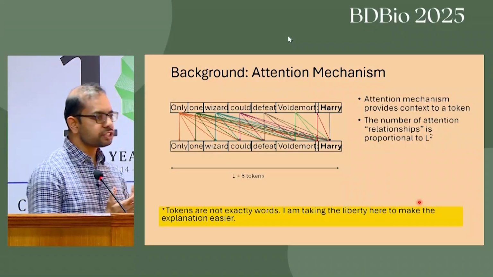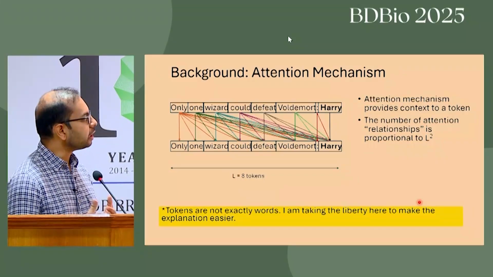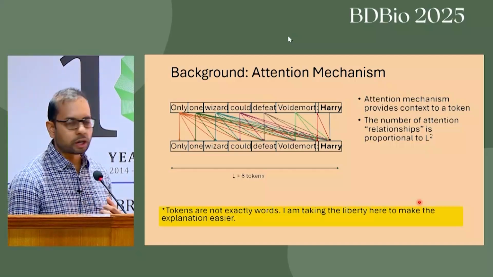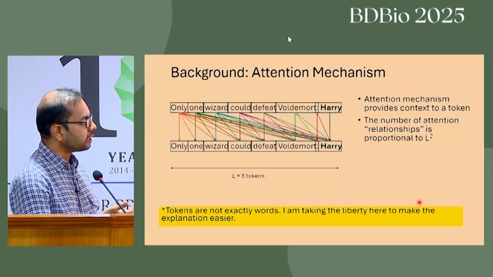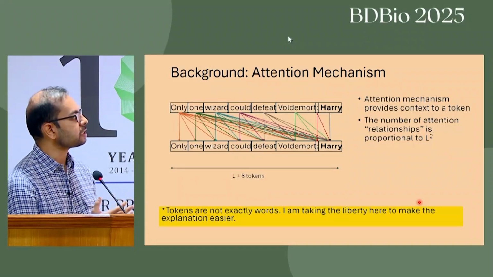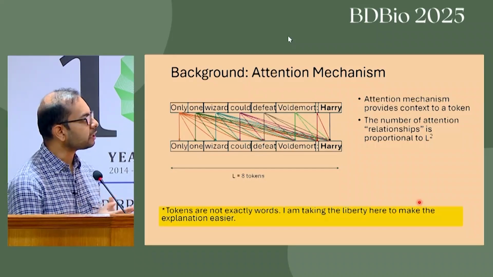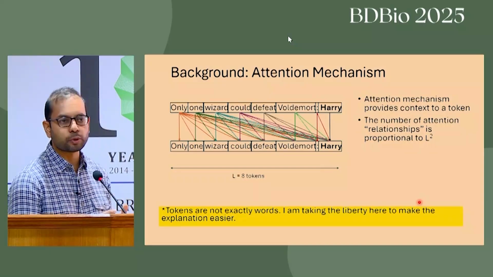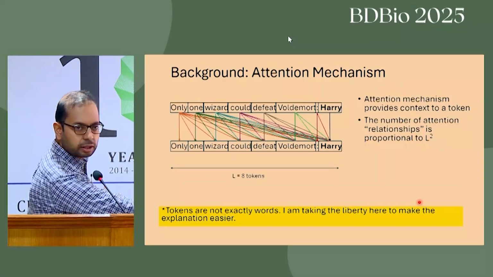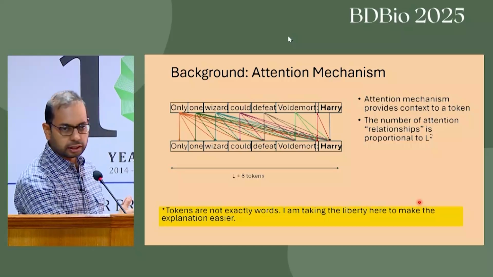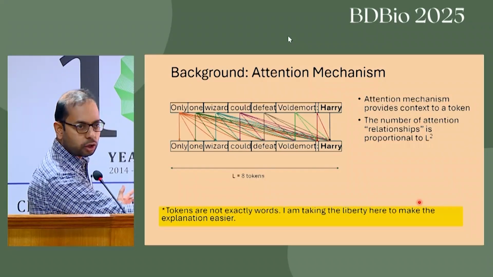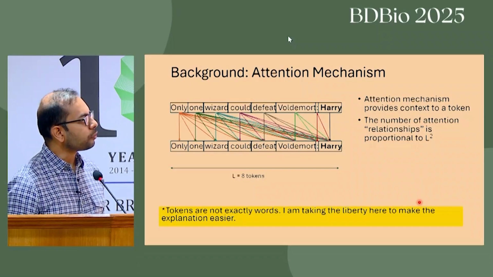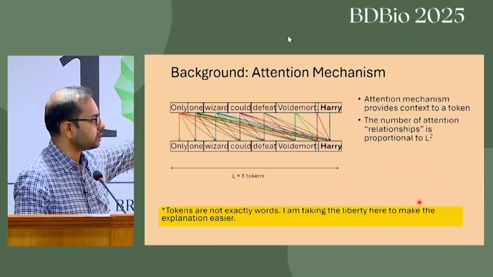So while attention is quite powerful and it allows us to provide context to each and every word in the sentence or each and every token in the sentence, it also has this drawback that the number of attention relationships is proportional to L square. If L is the number of tokens, or in the parlance of deep learning, it is the context length, the number of attention relationships is L square, as you can see here.